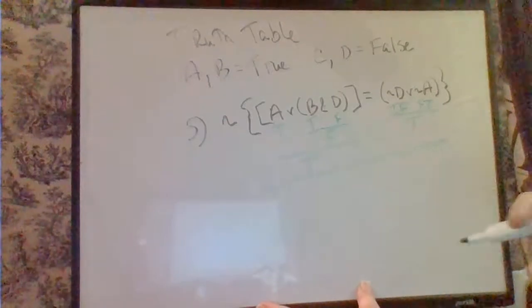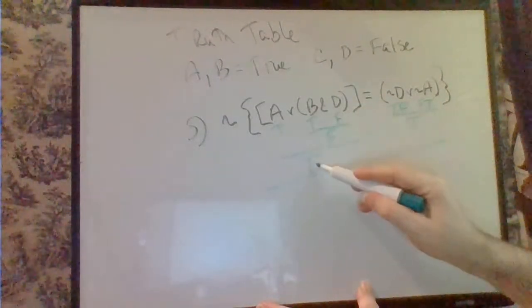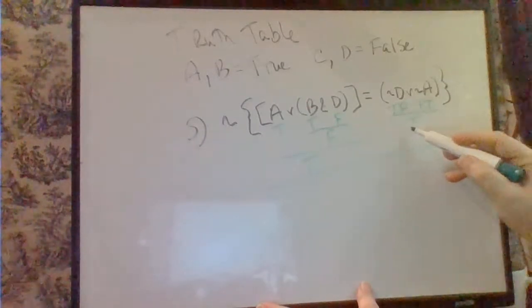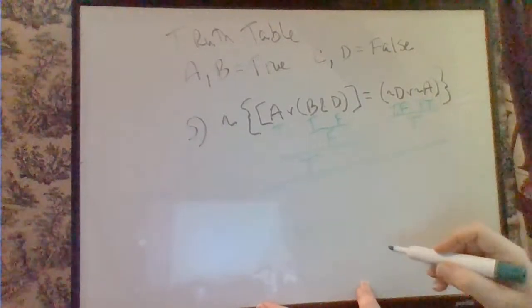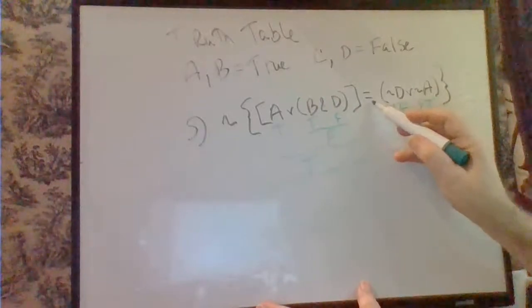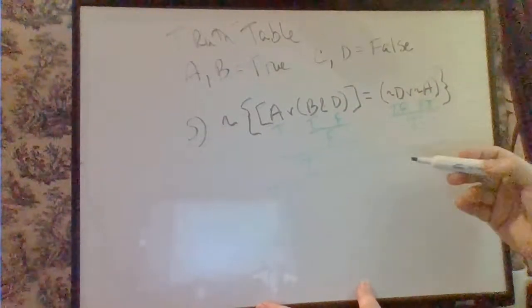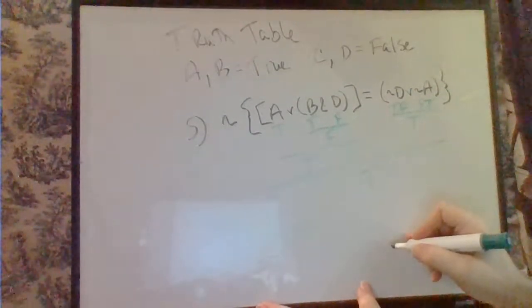And we'll see that inside of the brace that A or B and D is worked out as being true. Not D or not A is worked out as being true, and there's the equal sign or the triple bar, depending on which one you use, which is there. And so looking at your biconditional chart, if the one side is true, the other side is true, they have the same truth value, true, true, with the triple bar yields true.